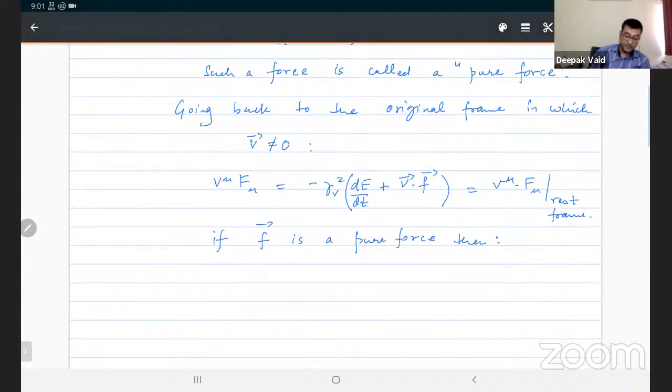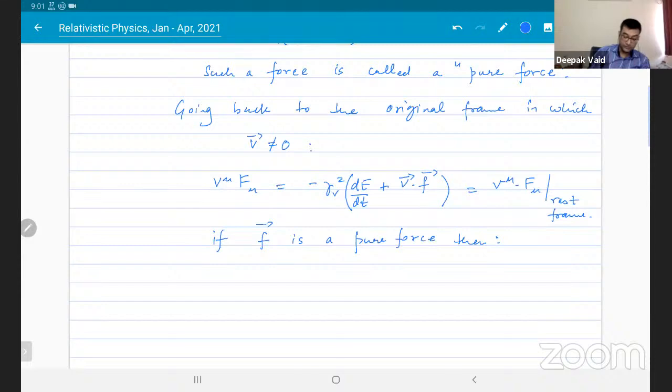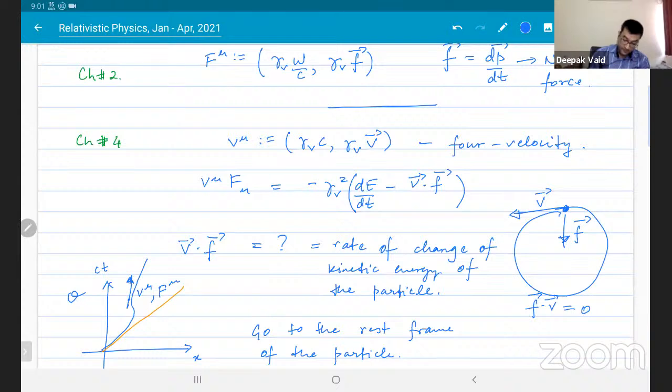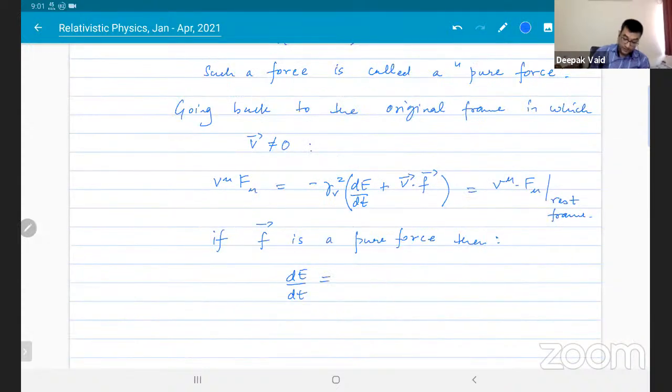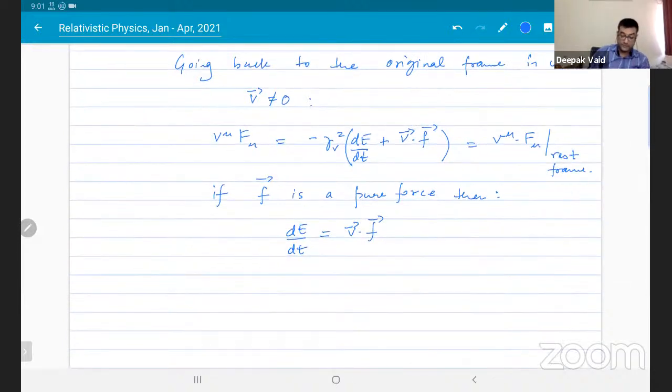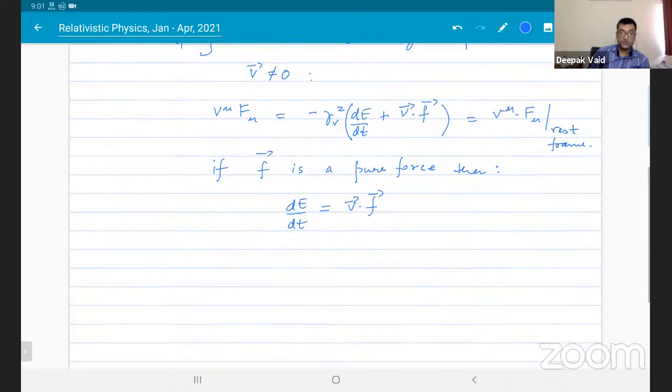And if this quantity is zero, that means what we will get is that dE by dt, and there is a minus sign that is missing here, should be a minus sign here, is equal to V dot F, where F is the force and V is the velocity of the particle and E is the total energy of the particle.